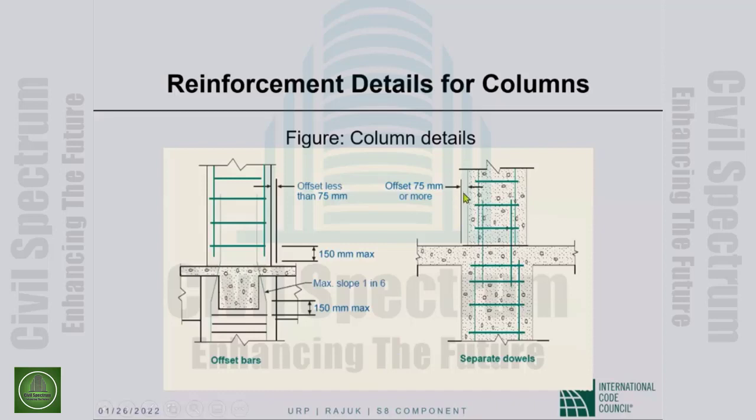If the offset is more than 3 inches, then you cannot bend the column bars, then you have to have dowels. Here we are showing a separate dowel. This dowel will pick up stress from this bar and then will transfer the stress to that bar.